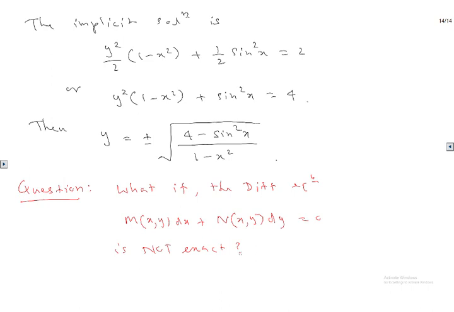In this case, we're going to use a similar approach as we did in first order linear equations. We're going to use the integrating factor method. So we can discuss that in a future video.